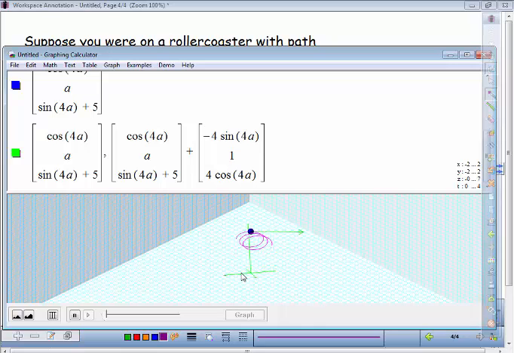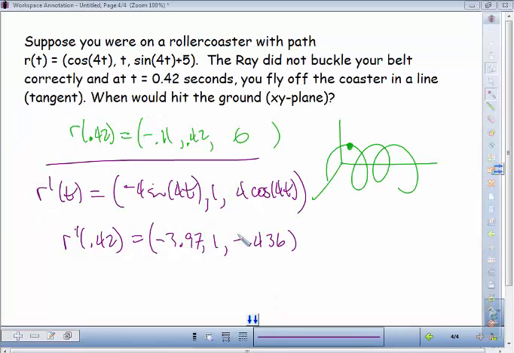So here's my vector. It's going to take a long time since the z value has a slow slope. So this is your point.